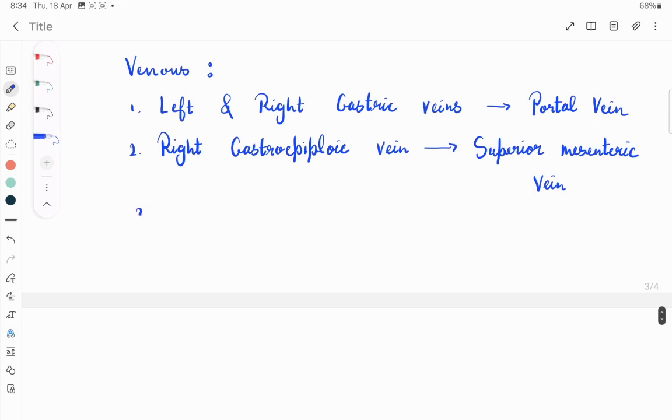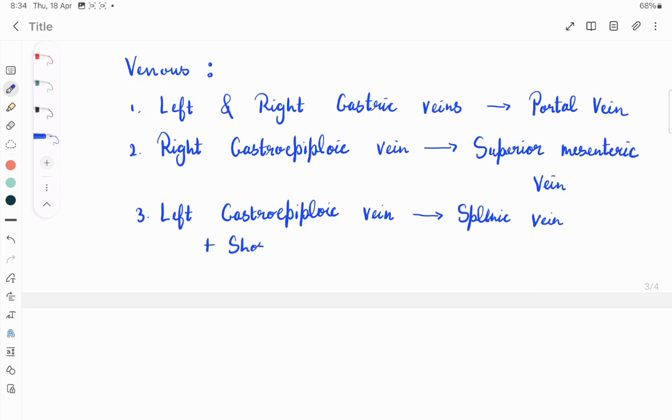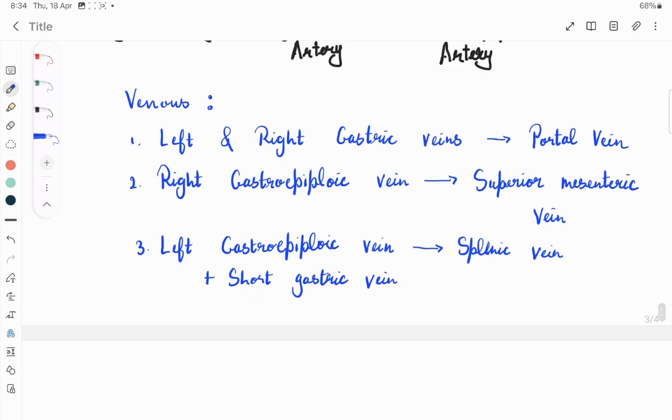Then third is the left gastroepiploic vein, which drains into the splenic vein. Also, the short gastric veins drain into the splenic vein. So this completes the blood supply of the stomach.